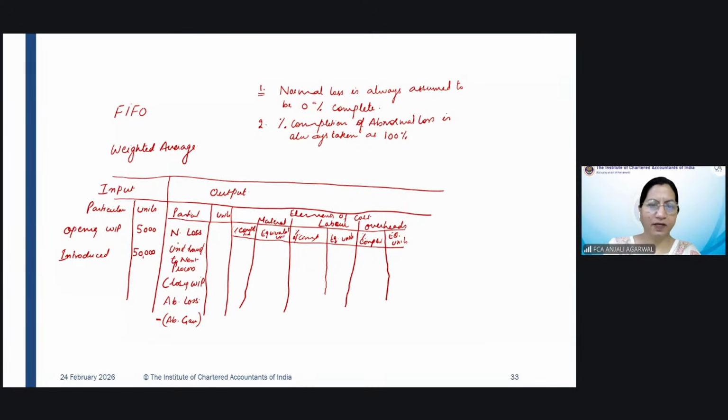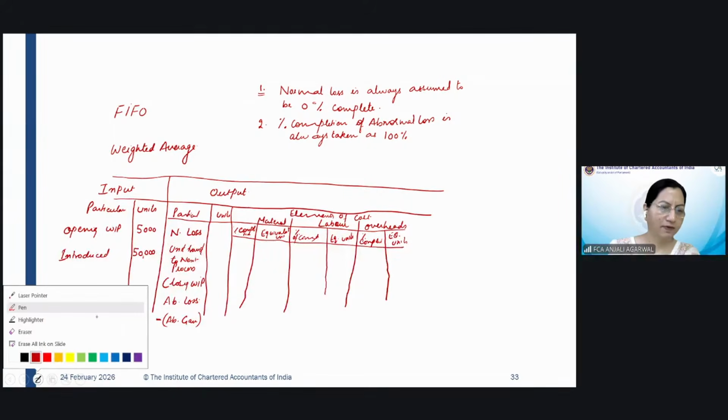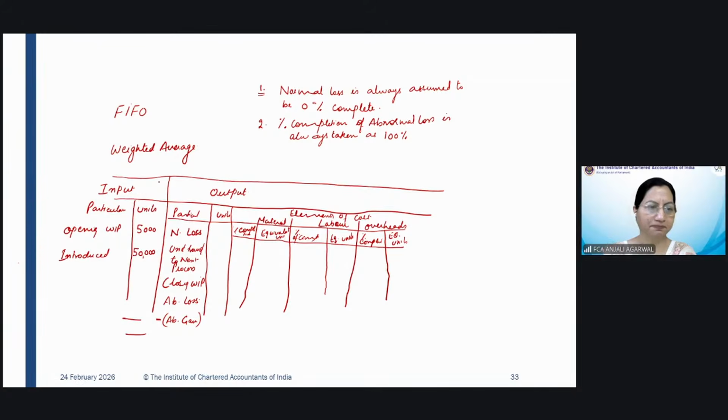Regarding the reduction in abnormal gain, first let me complete this and I'll come on to your question. So normal loss is always assumed to be 0% complete. Abnormal loss is taken as 100% complete as far as all elements are concerned, material, labor, and overheads.